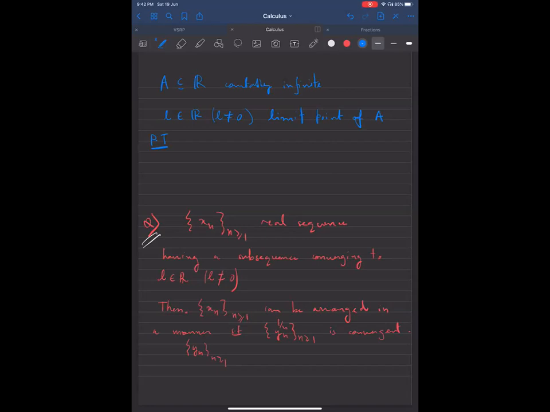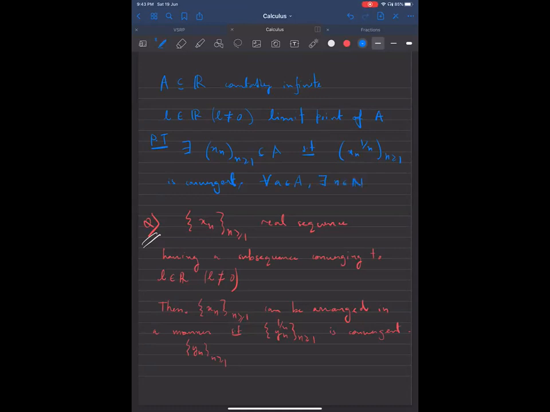We can get a sequence from this set A such that this sequence is convergent. And that's not it. This sequence will exhaust all of A, and there must be an n such that xn.